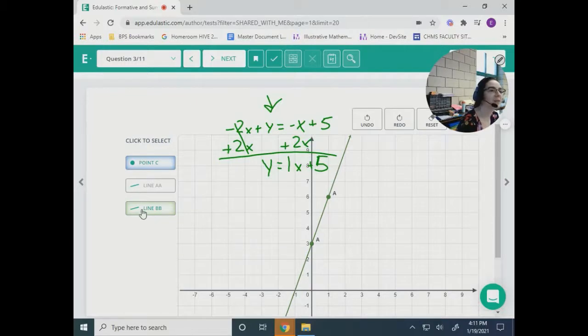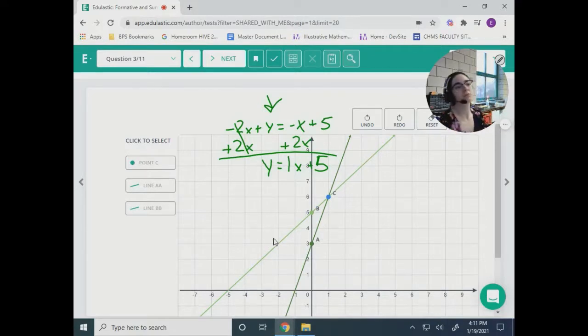So I click my line B, put my y-intercept here, and go up 1 over 1. It's going to intersect here, and for my point C, I click on that and click where they intersect. Boom. There we go. That is number 3. Pause it if you need to fix or do this again, and we're going to move forward.